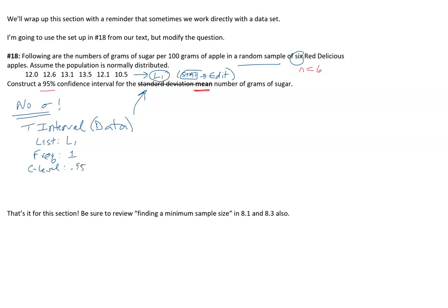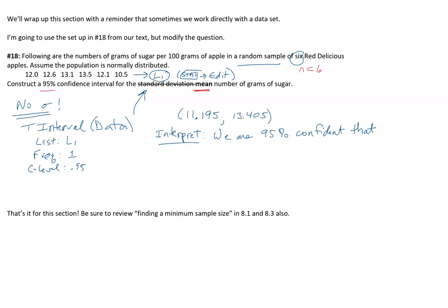And then go ahead and calculate, and I get 11.195 up to 13.405. And now this is talking about sugar content in apples, so I am going to interpret this. So, remember how we start. Shout it out. Yeah, did you say we are 95% confident that?